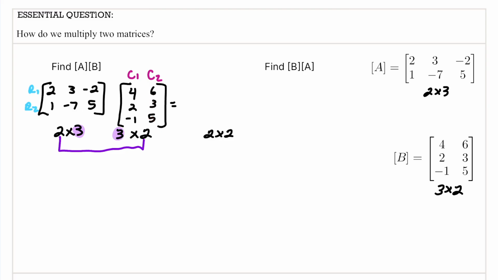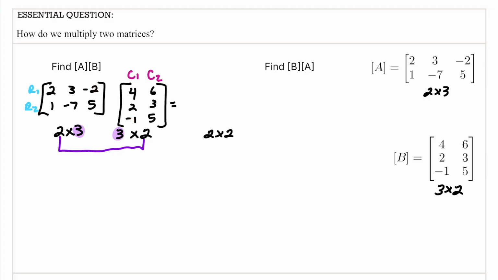So now, the reason these have to match up, we have to have the same number of terms or entries in our row as we do the number of entries in our column. Because we're going to go 2 times 4, 3 times 2, and -2 times -1.